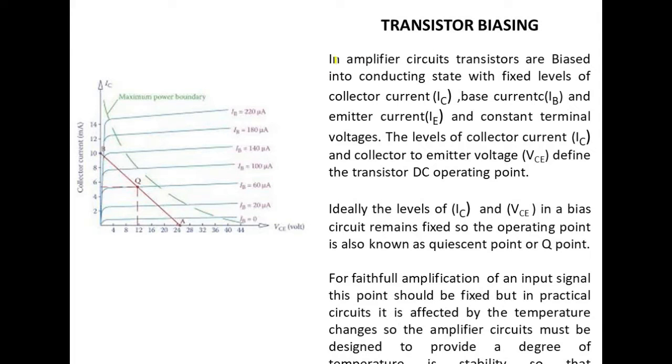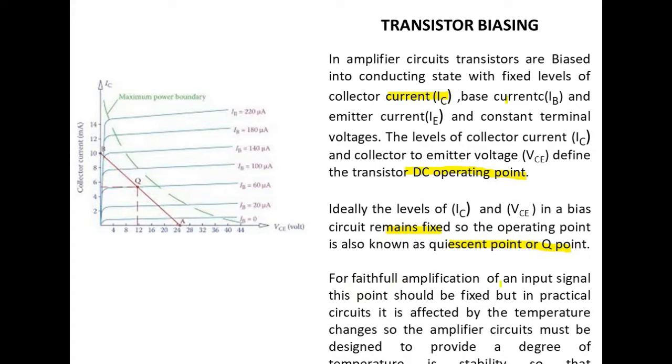In amplifier circuits, transistors are biased into a conducting state with fixed levels of collector current IC, base current IB and emitter current IE, and constant terminal voltages. The levels of IC and VCE define the DC operating point, also known as the Q point.